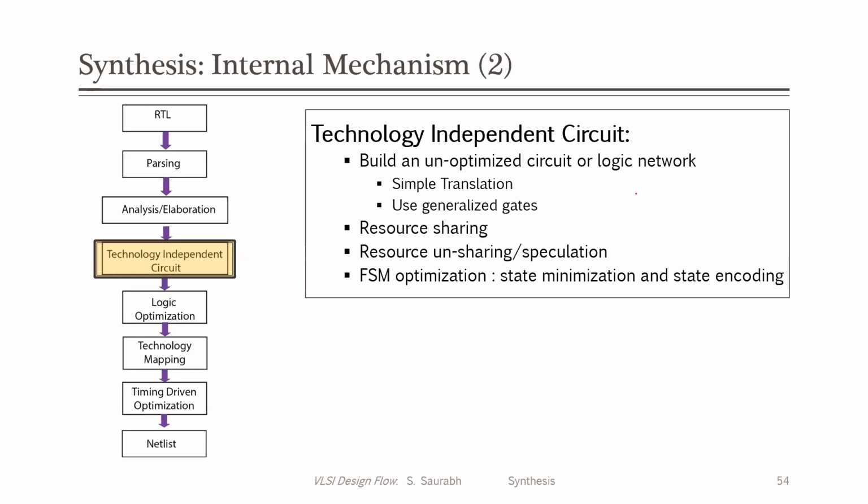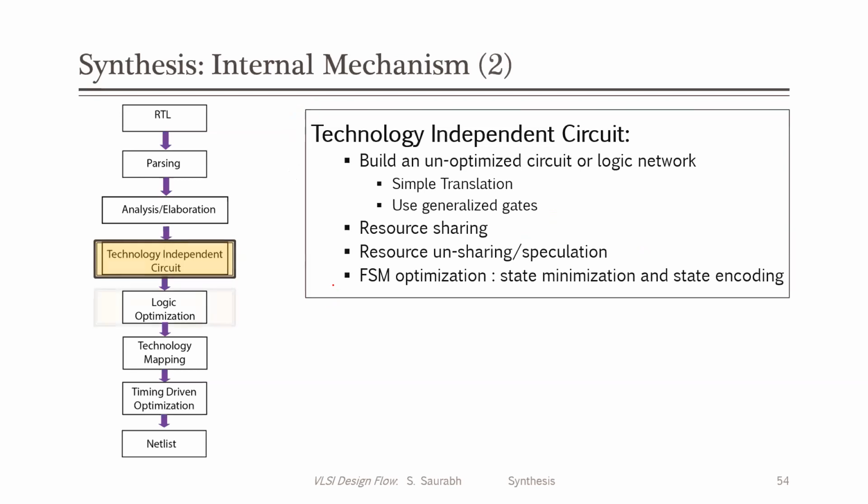So it is not using the gates of the technology library at this point of time. In this case, there can be resource sharing, unsharing, and many other kinds of optimization that can be done at this RTL synthesis level. So here you are basically translating your RTL code to the corresponding netlist.